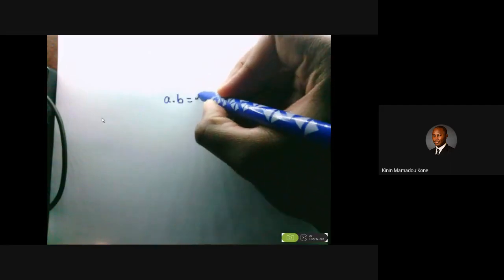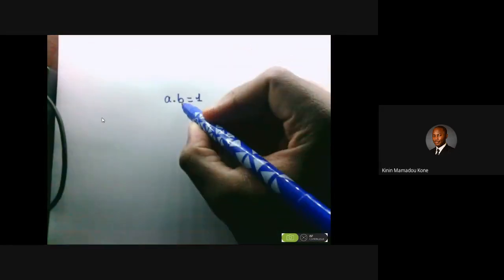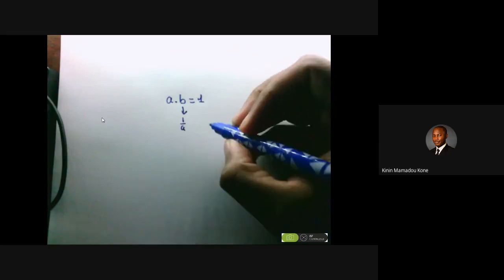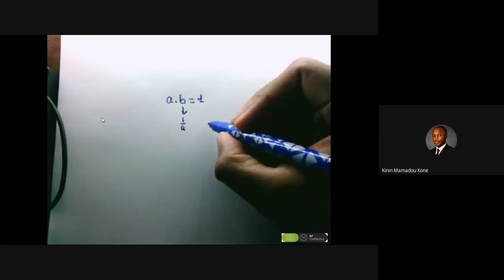In a typical algebra course, you are probably told that a number A has a multiplicative inverse if there exists a number B such that A times B is equal to 1. So we should have another number, 1 over A, such that 1 over A is different from 0.